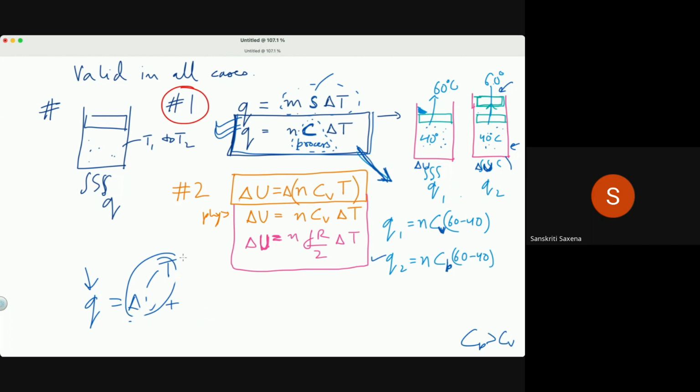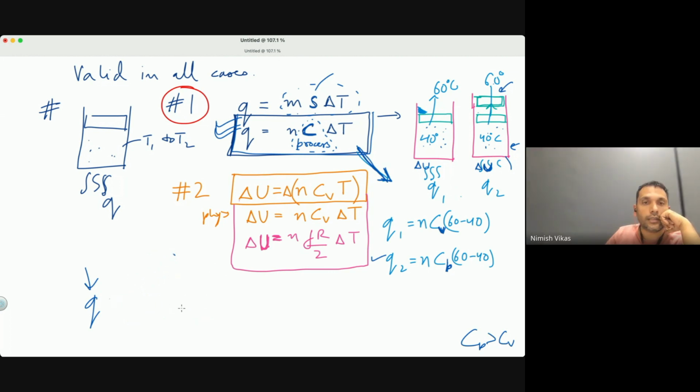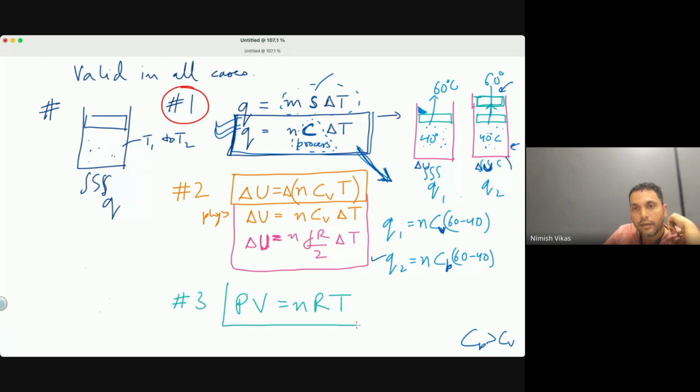Yes, sir. Okay. So in any question, you will use these all-time valid formulas. The third all-time valid formula will be PV is equal to nRT for ideal gases. Now, if it is adiabatic, you will say PV to the power gamma is equal to constant. Well and good, but this is still valid.